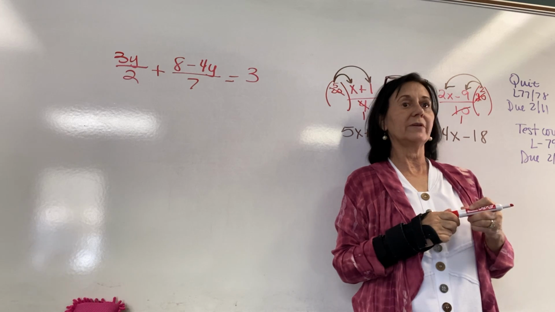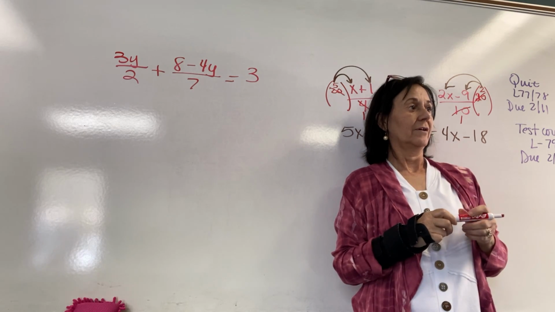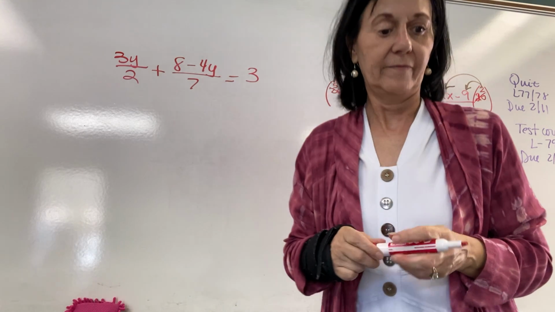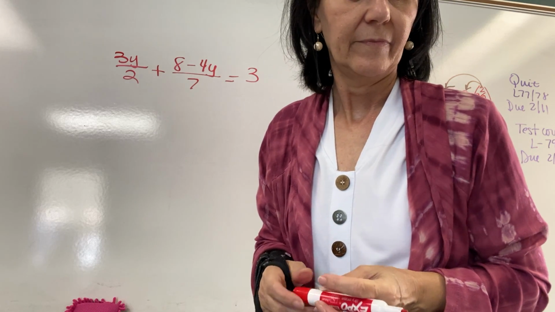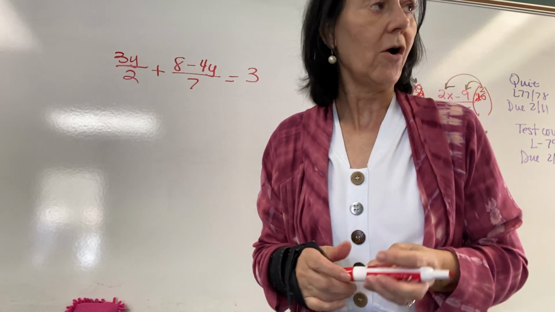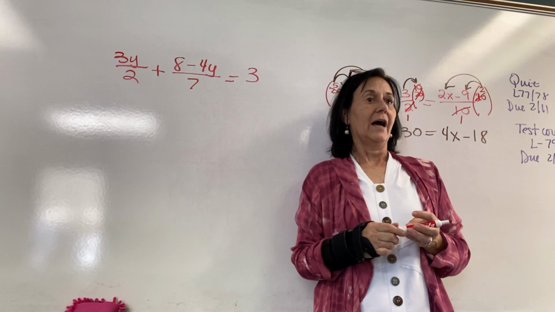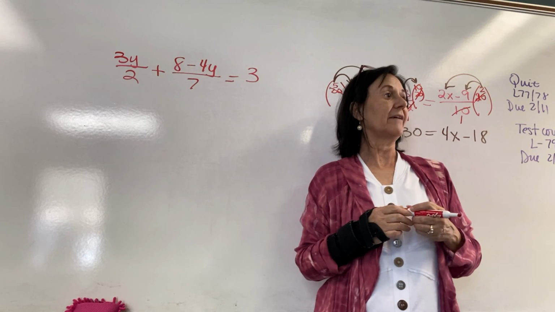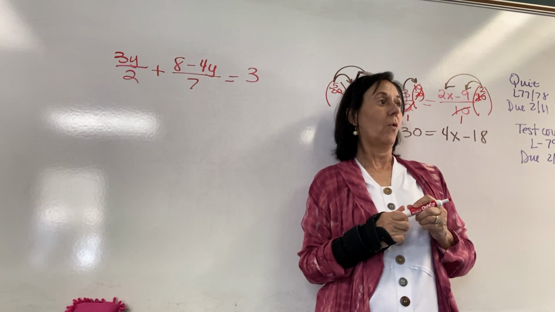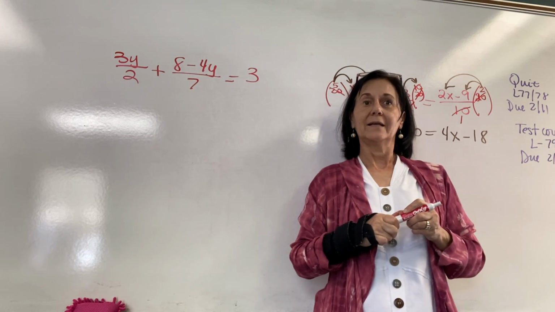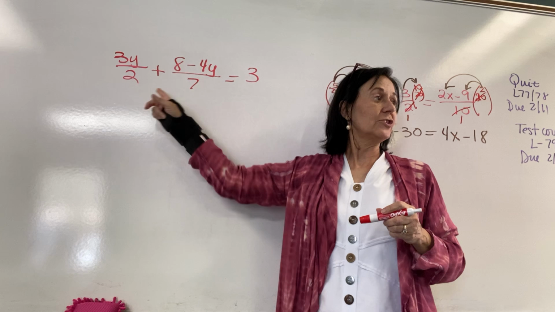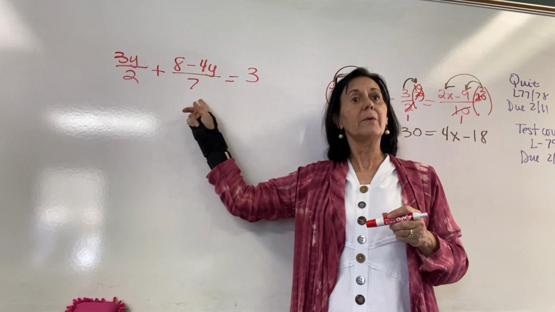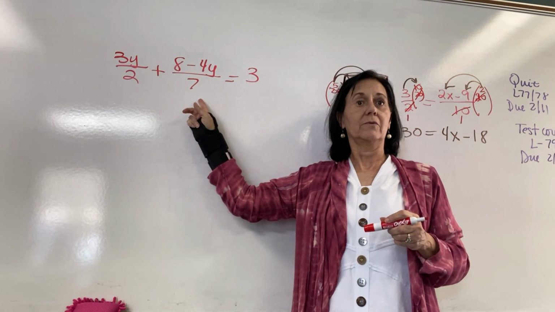Does the book do it the same way you're doing it? Yes, they are. I don't ever look and see how the book is doing it. Now I'm multiplying every term by 14. Why 14? Because I look at my denominators 2 and 7 and I say, what do both of those go into? 14.